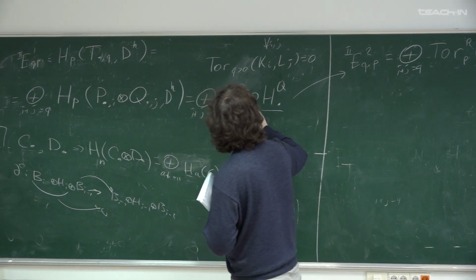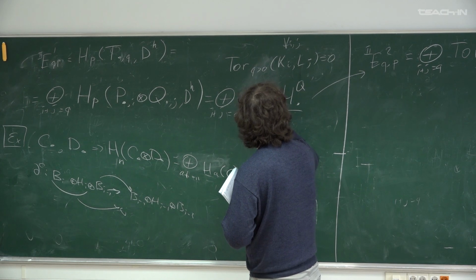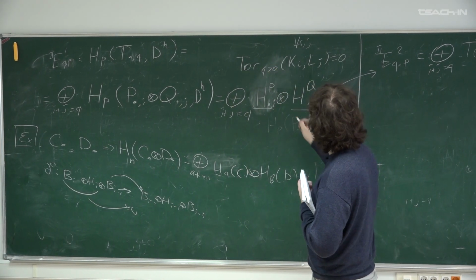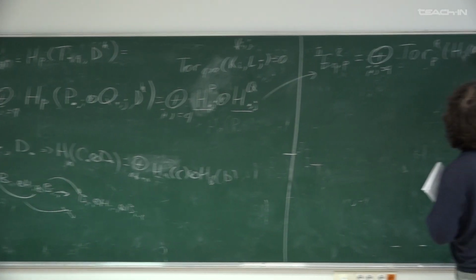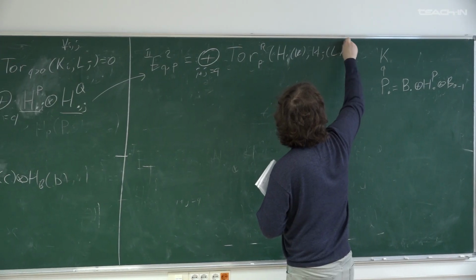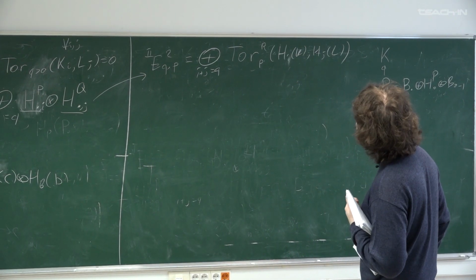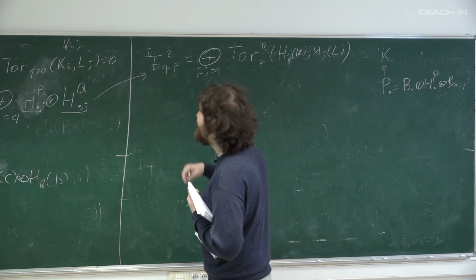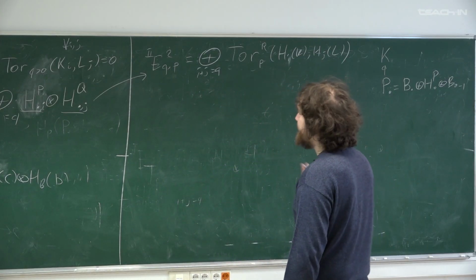Yes. No, it's a resolution of the I homology of K, and this is a resolution of the J homology of L. So it's Tor of the I homology of K and the J homology of L. This is the second page. Okay, I will say it next time with the correct indices. Okay, and it's the second page.